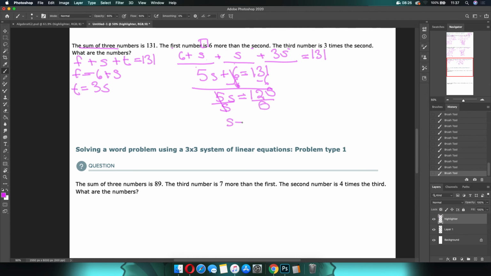S equals 25. Okay, so if our S equals 25, what is our first number? Our first number is going to be 25 plus 6. What is 25 plus 6? It's going to be 31.